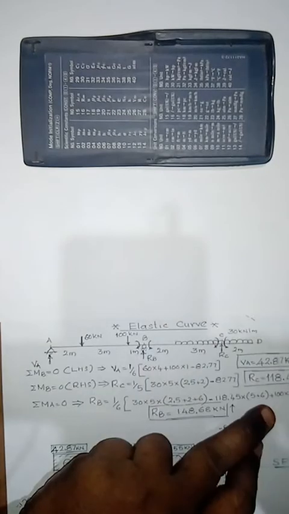Then the reaction RC, 118.45 into 4 plus 4, 5 plus 6, that is anti-clockwise. Then 100 into 5, that is clockwise. 60 into 2, that is clockwise. Here we will get RB.